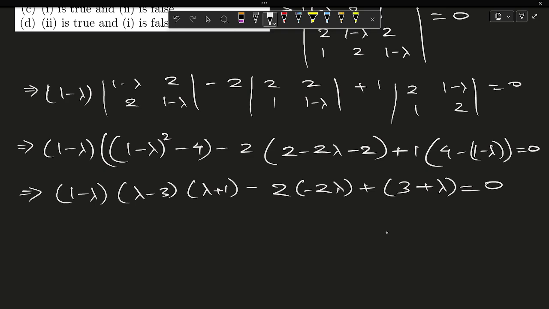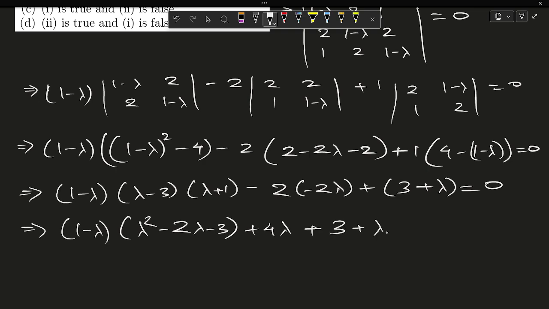Okay, so after that we will get this product: 1 minus lambda times (lambda squared minus 2 lambda minus 3), plus 4 lambda, plus 3 plus lambda, equals 0. The product of this will be minus lambda cubed plus 3 lambda squared plus lambda minus 3.